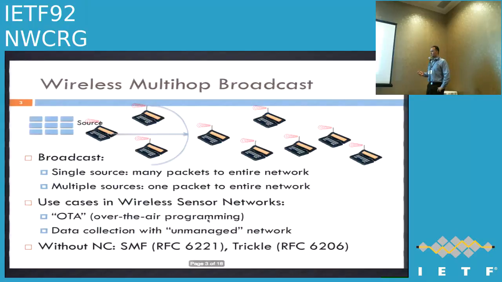Next slide, please. What we are interested in is doing a broadcast in a very specific kind of network, which is a wireless multi-hop network. It could be a MANET, wireless mesh network, or wireless sensor network. One application for broadcast in this network would be, for instance, reflashing the nodes, doing an over-the-air firmware update.